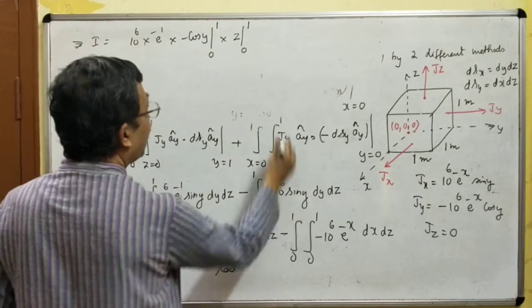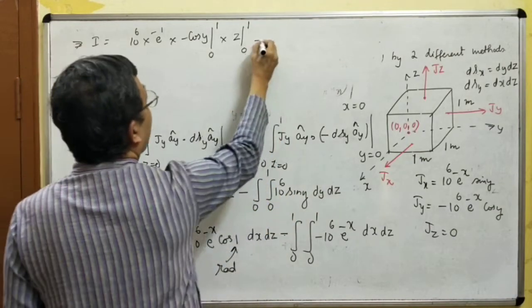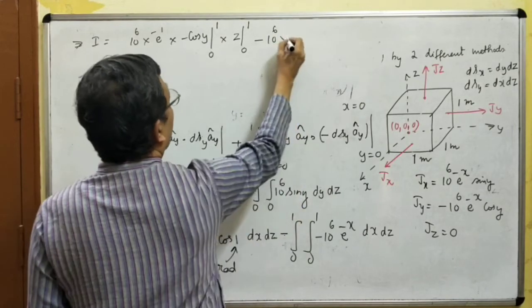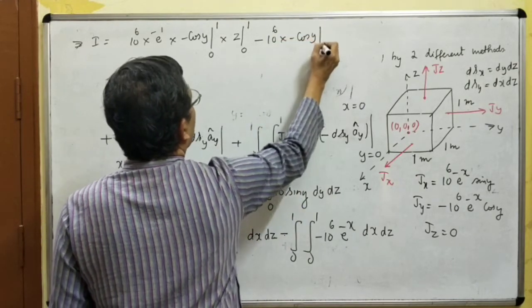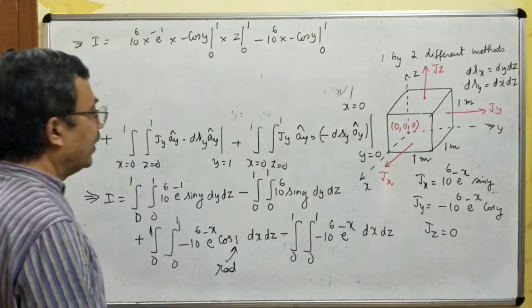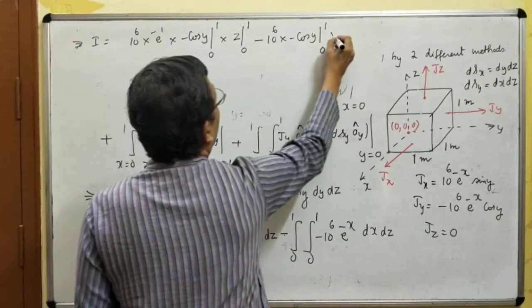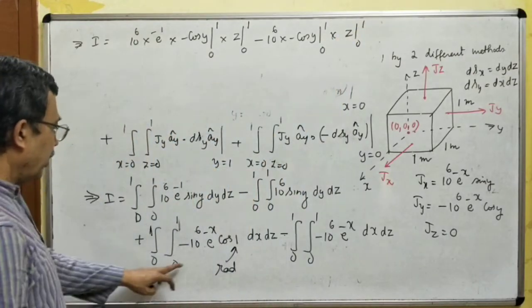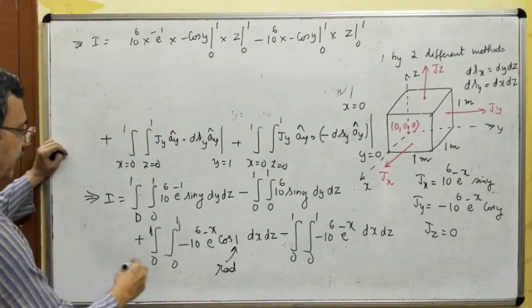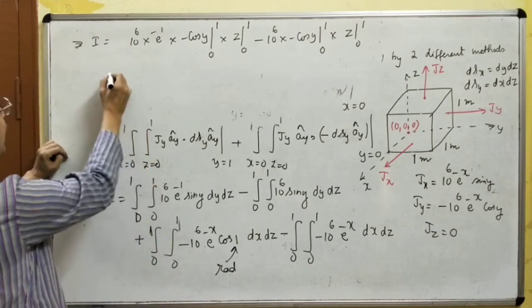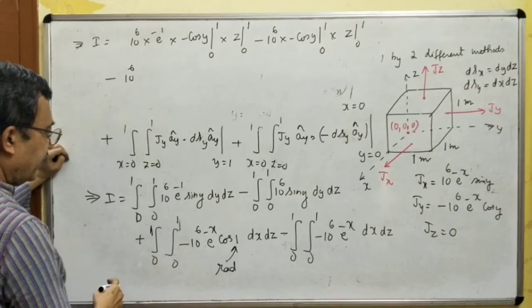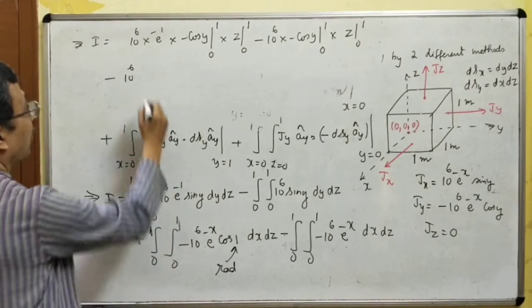So this is minus 10 to the power 6, minus 10 to the power 6 into cos 1 you take out.